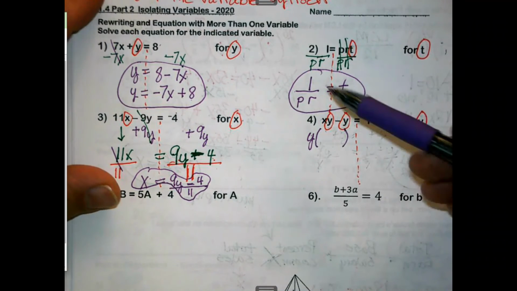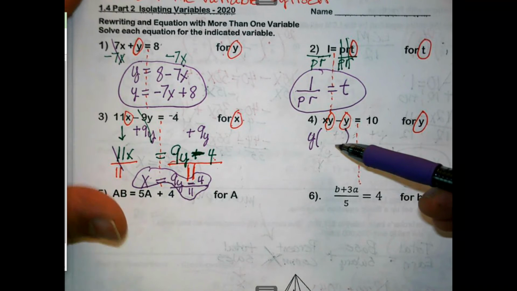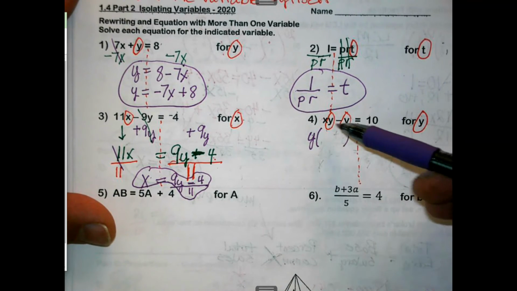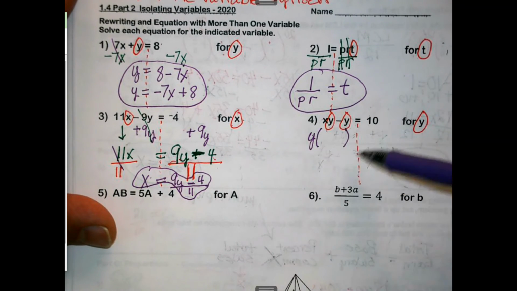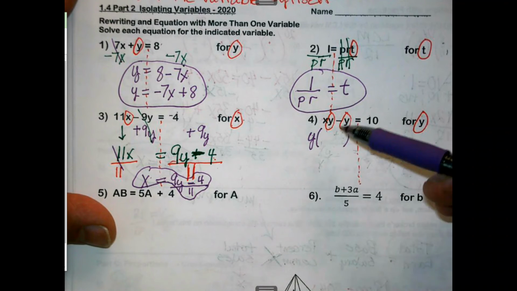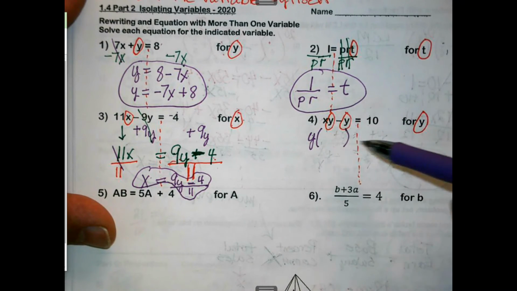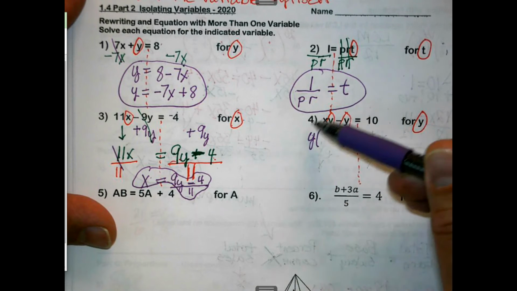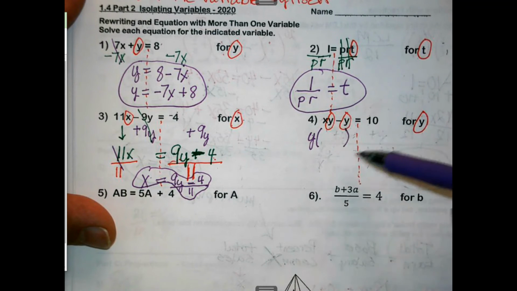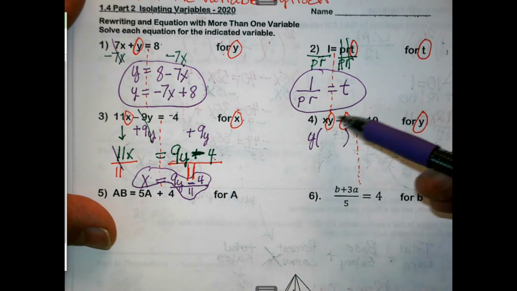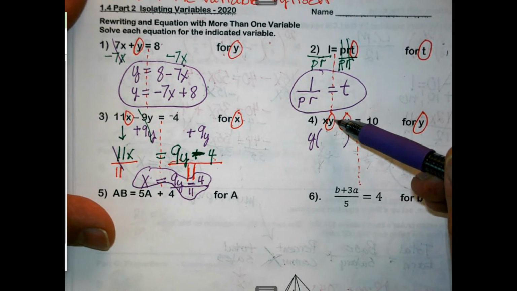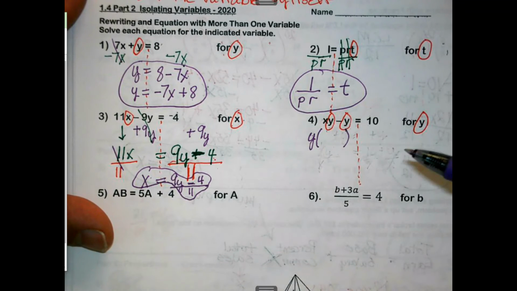Now, starting to look like something, isn't it? Starting to look like some other property, right? Yeah, it's looking like the distributive property, right? So what if I actually use the distributive property backwards?